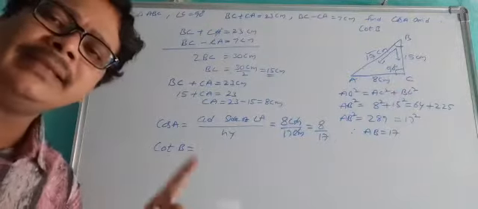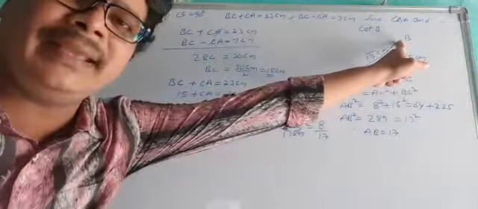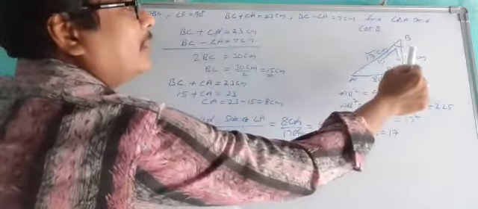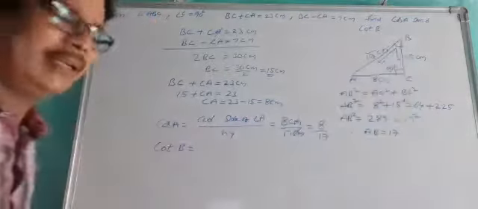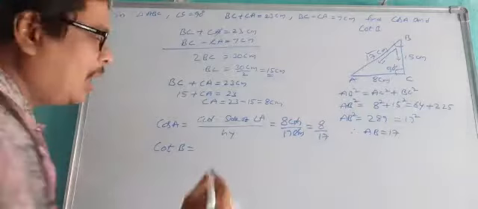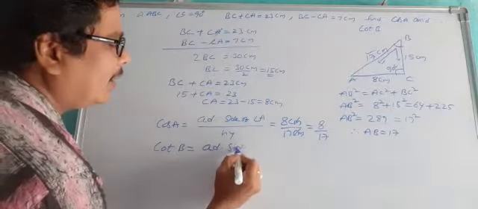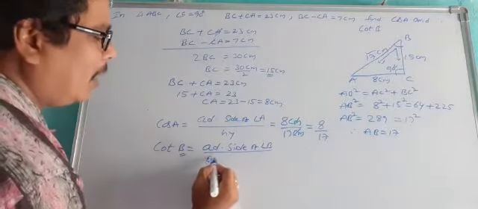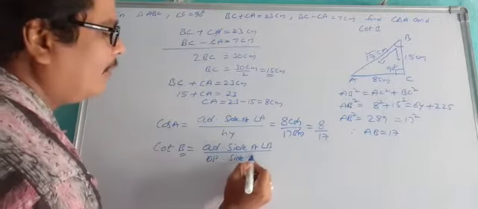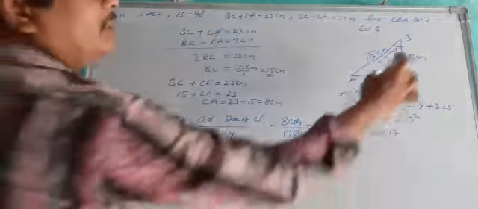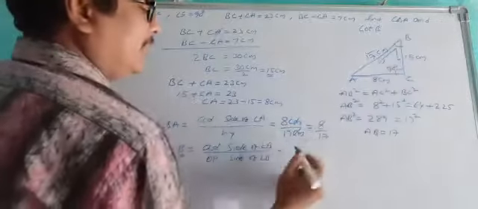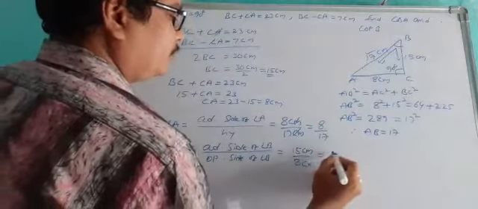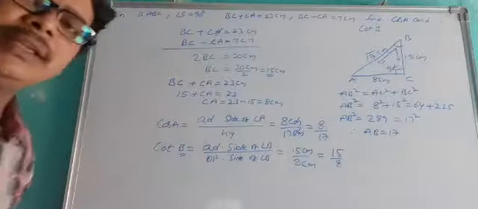Cot B means adjacent side of angle B by opposite side of angle B. So this is angle B, its adjacent side 15 centimeters and its opposite side is 8 centimeters. So that equal to 15 by 8.